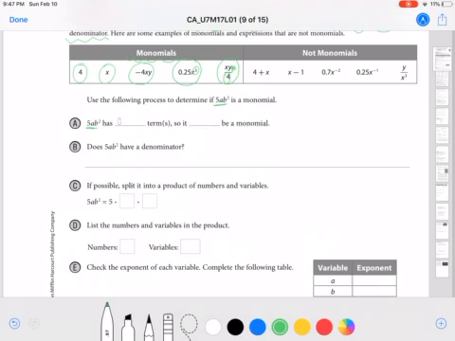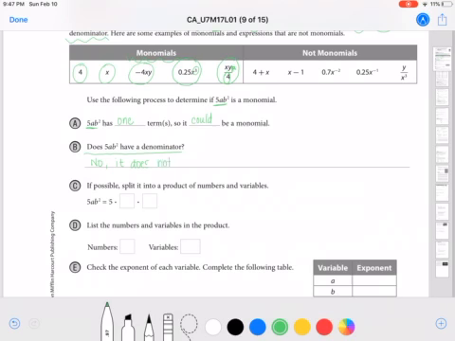Well, we're going to go ahead and fill that in. So it has one term, so it could be a monomial. Make sure that you guys are writing this down, taking these notes along with me. Does 5ab squared have a denominator? Well, no, it does not.